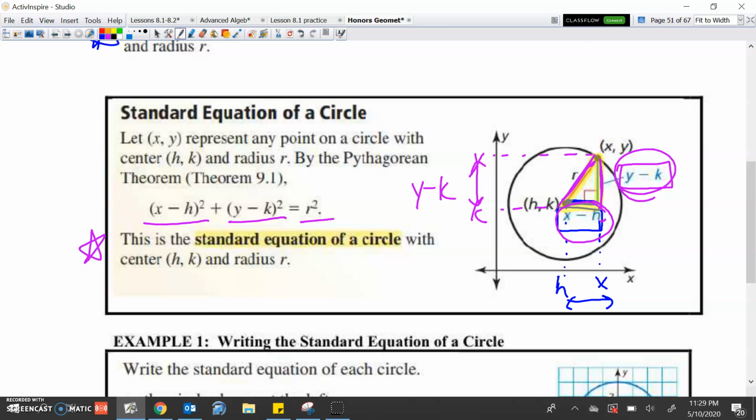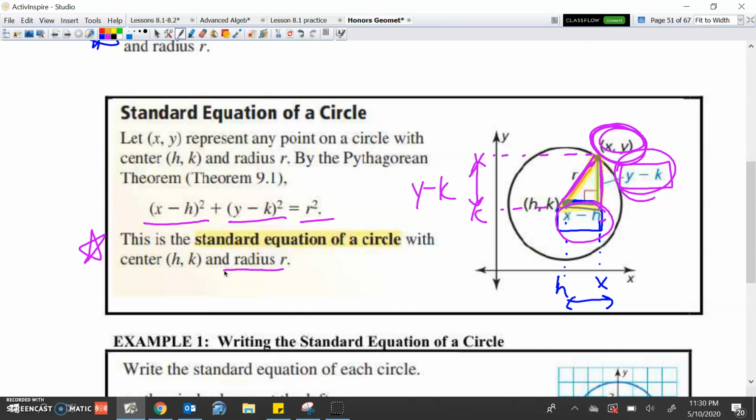The center applies to anything. This works for the origin or any point where our x value is written as h and our y value is written as k. And again, they do that because we've already defined a point as xy right here. So they aren't going to do two xy's. That gets confusing with subscript numbers. So they just made it hk. And then our radius is r.